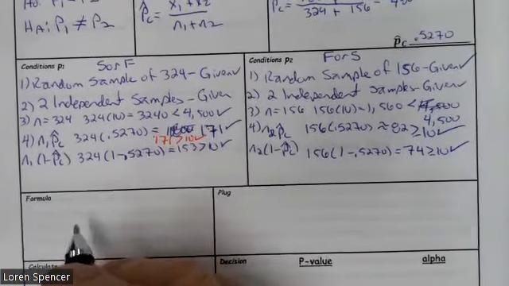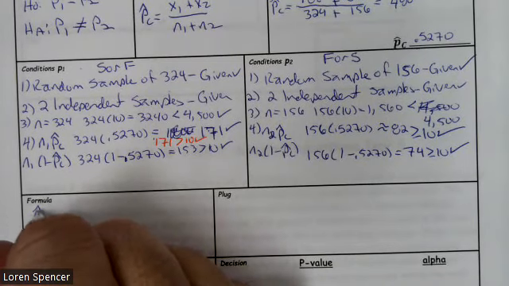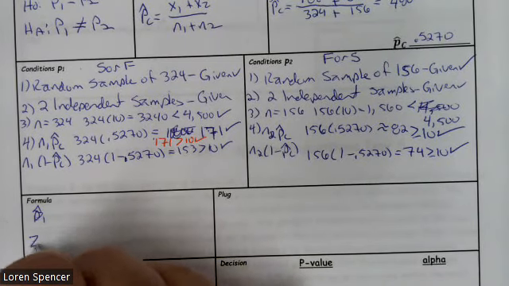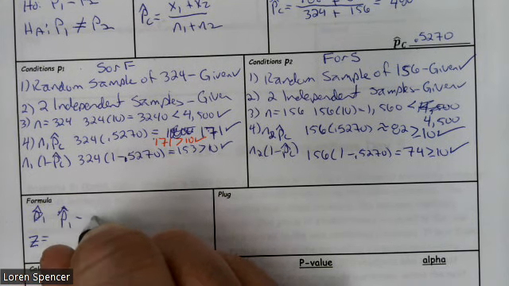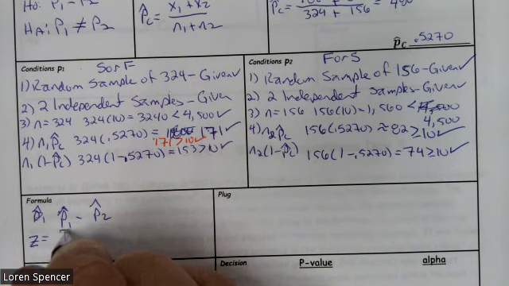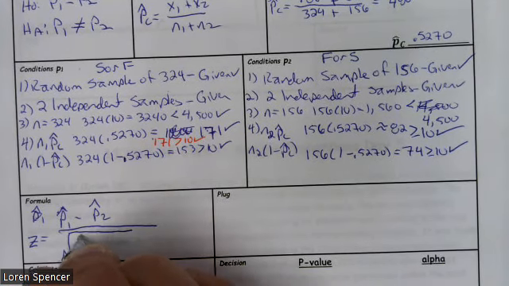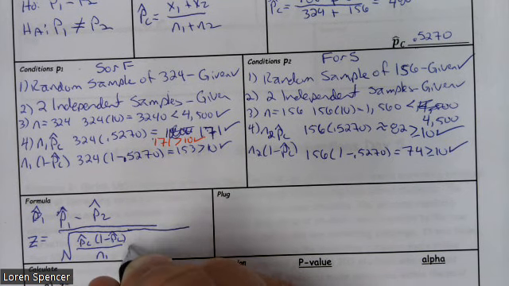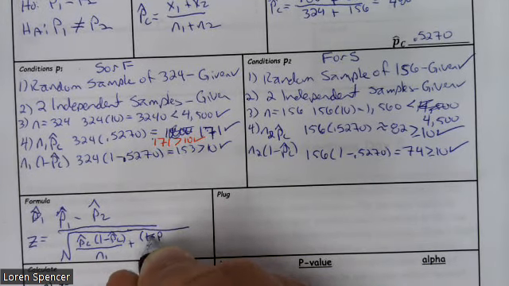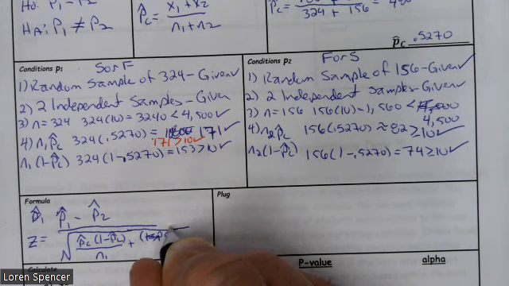Well, we need our formula, which is going to be Z equals P hat 1 minus P hat 2 all over P hat C times 1 minus P hat C over N1 plus P hat C again.